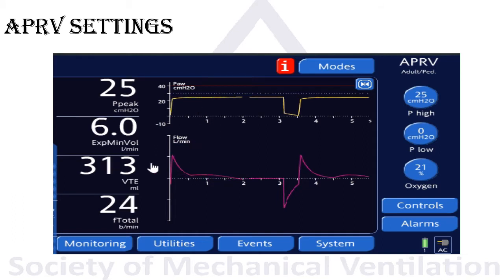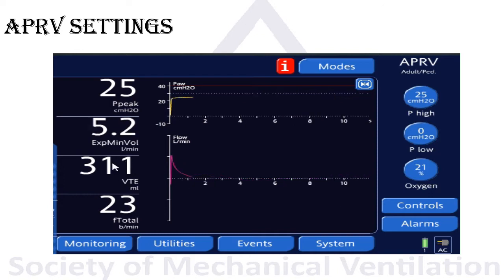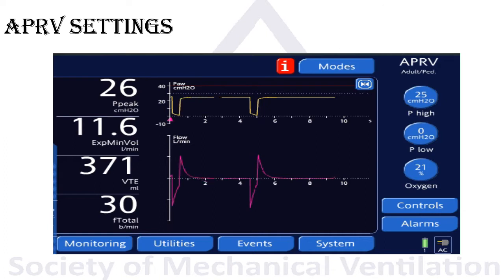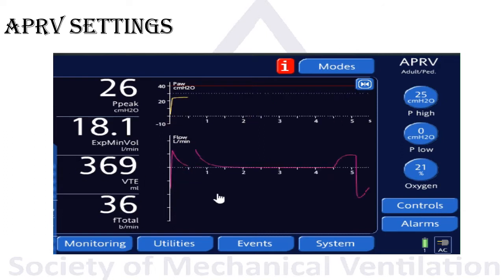And of course the tidal volume will change during the spontaneous effort, depending on how strong the effort is. So if we increase the patient effort, you will notice that the tidal volume during the spontaneous effort can go very much higher.